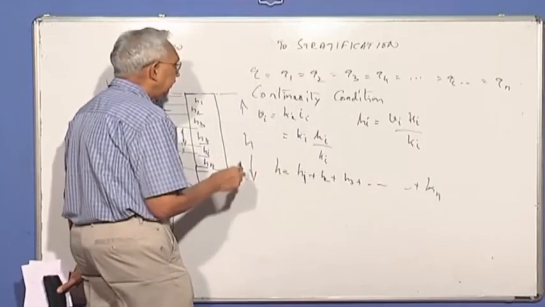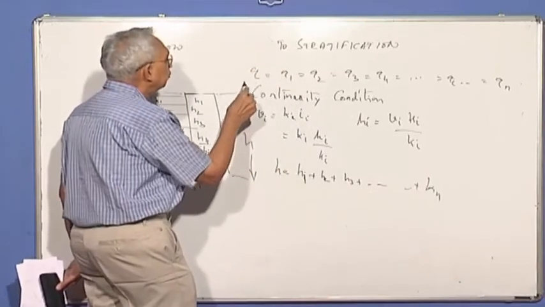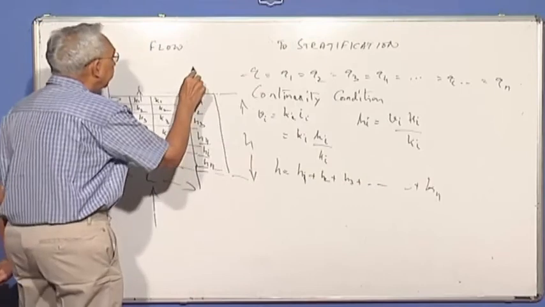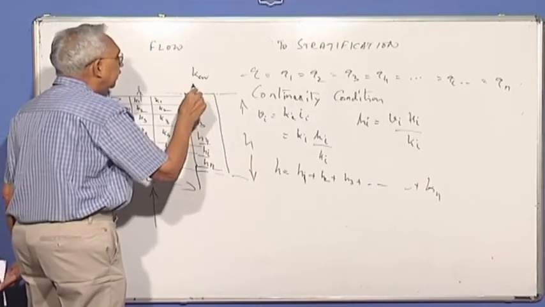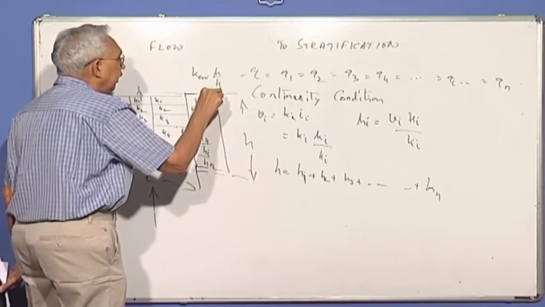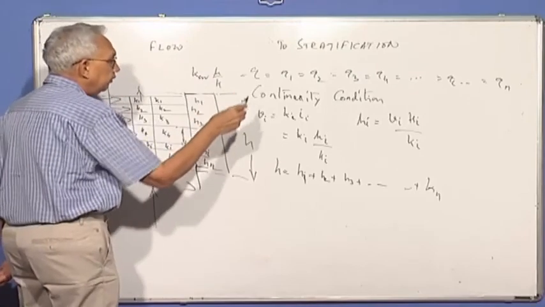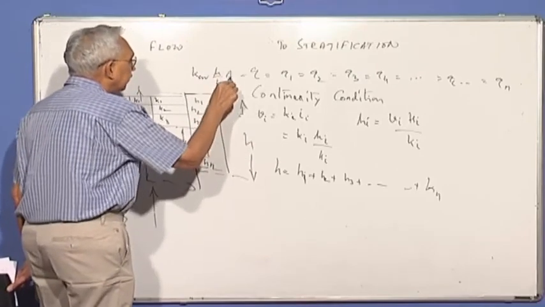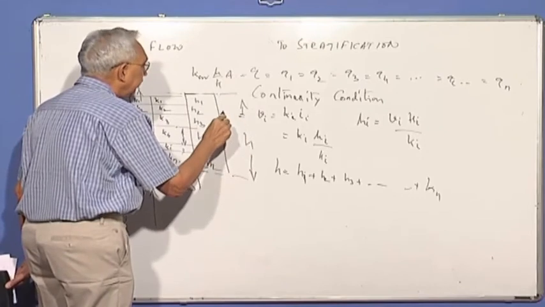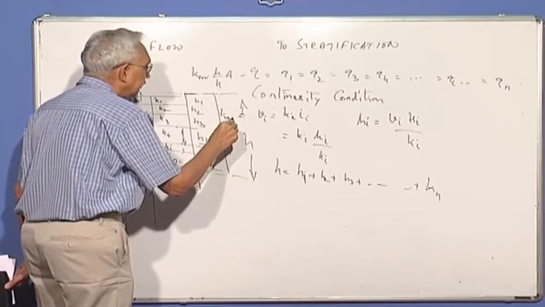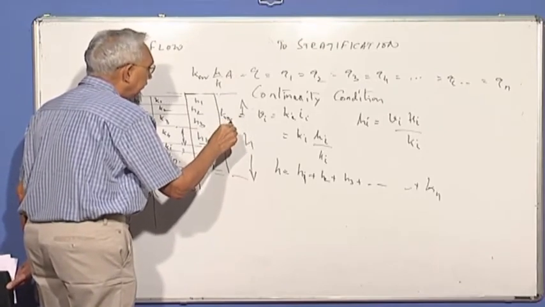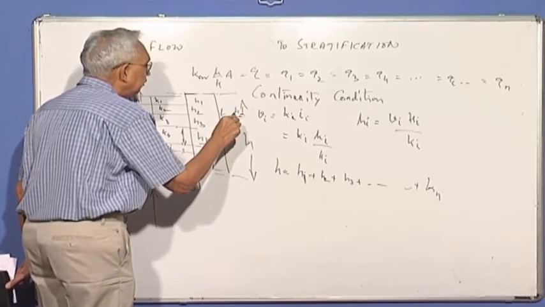And here is what we say, for the whole medium, Q is equal to K average into total head loss H divided by the total thickness, into, of course, the cross-sectional area. Or can I write it as K average in the vertical direction for vertical flow and H by H.